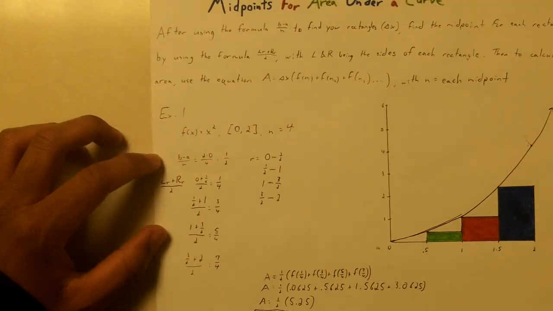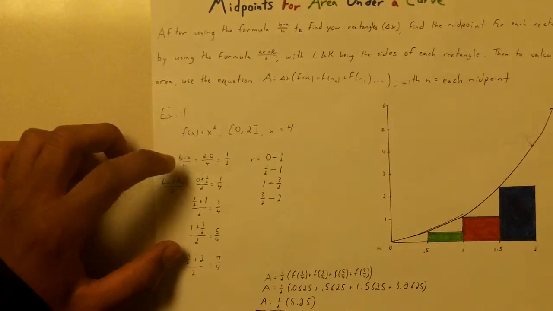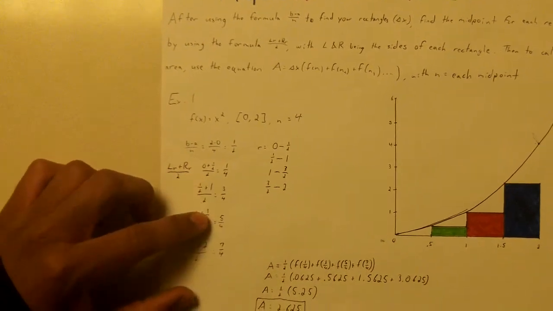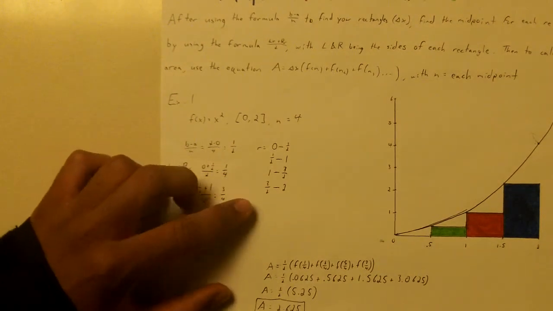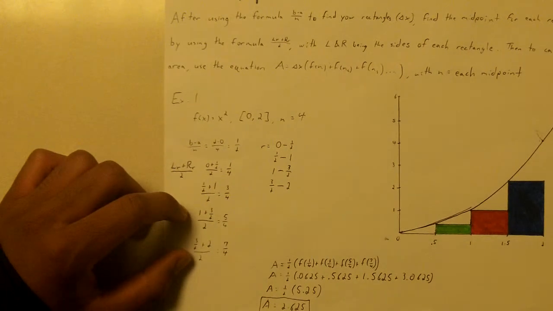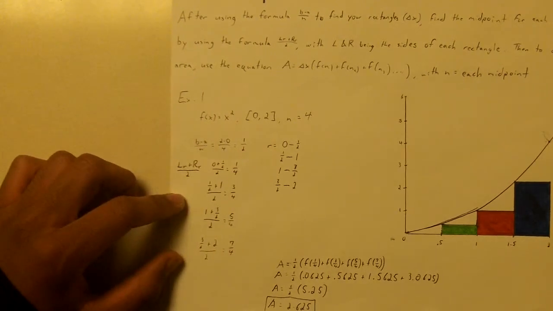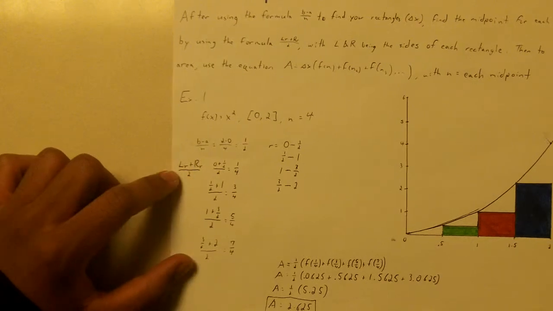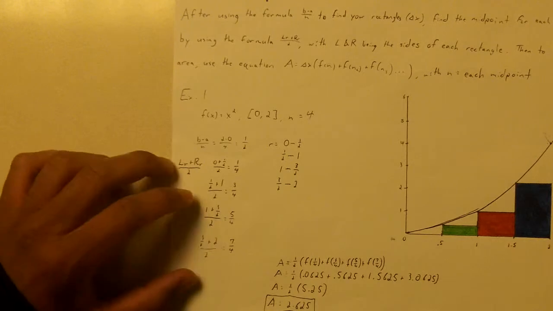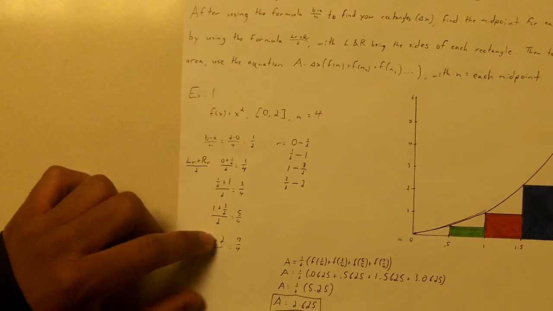So to find your change in x, you do b minus a over n, which is 2 minus 0 over 4, which simplifies to 1/2, and then you find the sides of the rectangles, which is here, and then you use that formula to find the midpoints for each rectangle, and those are 1/4, 3/4, 5/4, and 7/4.